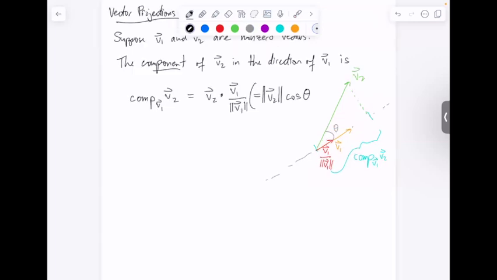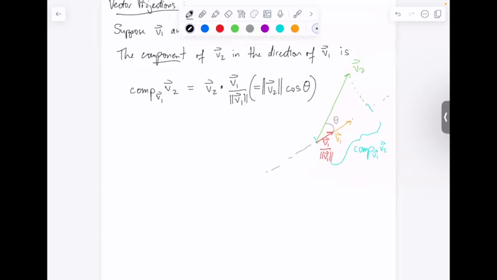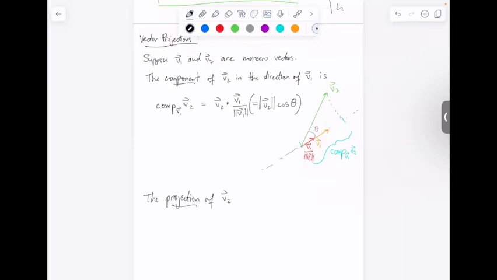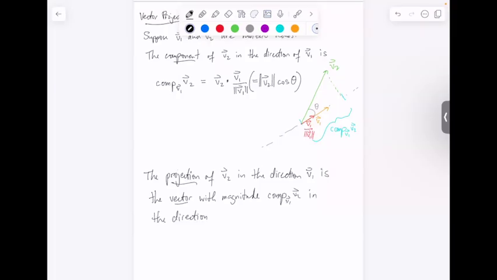Now there's a way to make this a vector, right? The projection of v2 in the direction v1 is the vector with magnitude given by this shadow, the component, in the direction given by the unit vector v1 over the magnitude of v1. Actually, I should not say magnitude here because component, like I said, could be negative. The idea is you want whatever this shadow is.